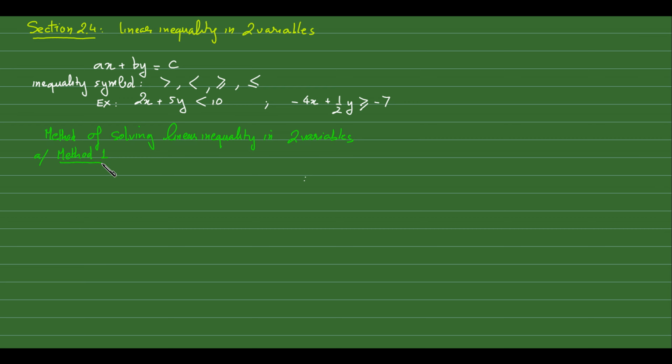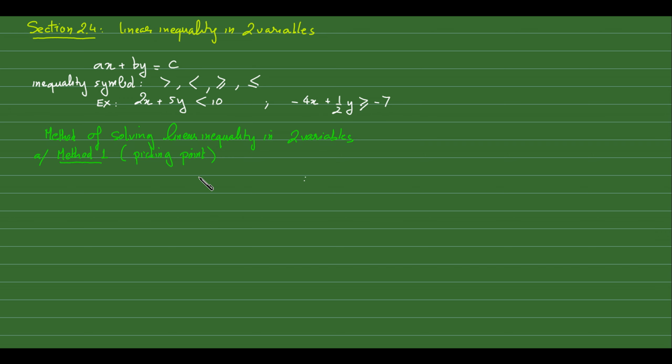So method 1, I'm going to call it picking a point. How many points do you want to pick? Usually you can pick only one point, it should be enough. You can pick 2 points if you want to make sure. So picking 1 point is good enough.